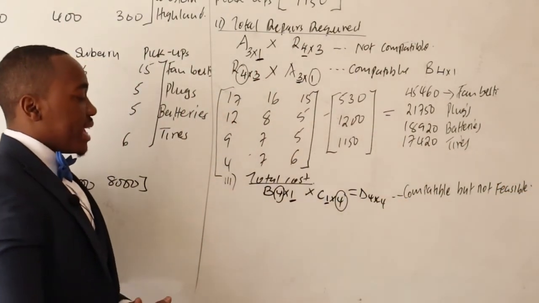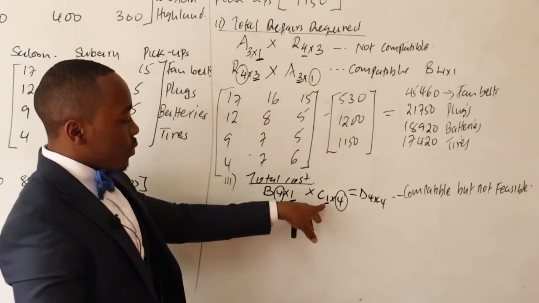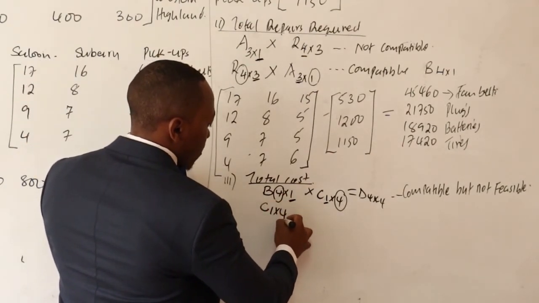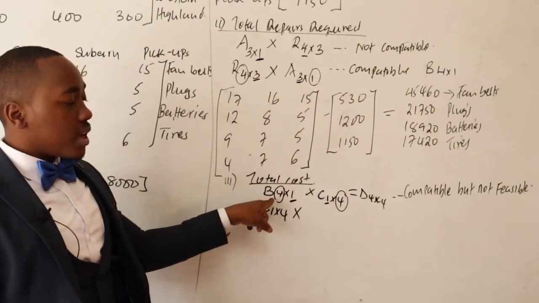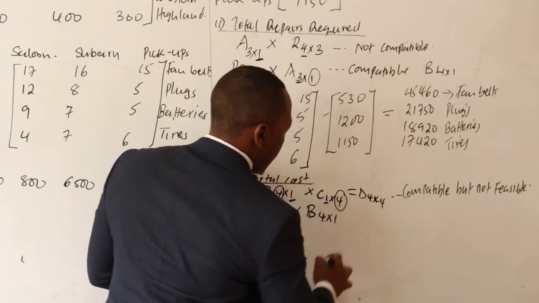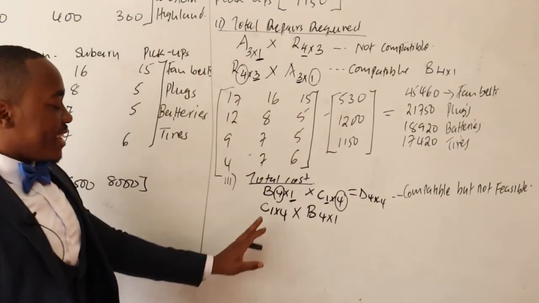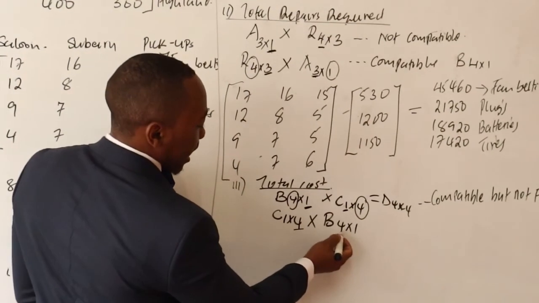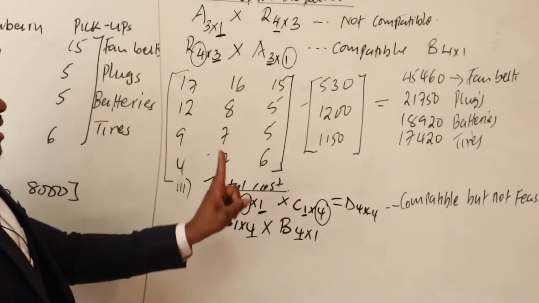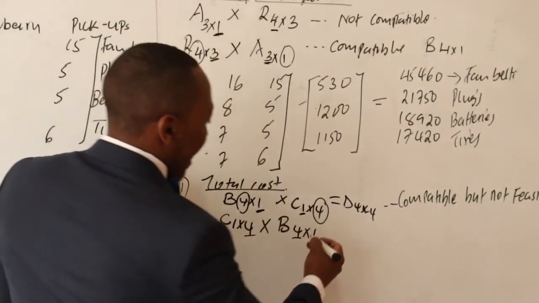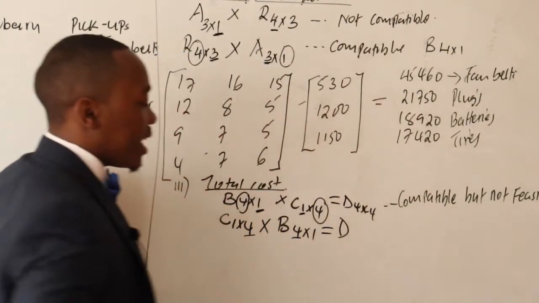Now, let's try to do something else. What if we interchange? We start with C, which is a 1 by 4, times B, which is a 4 by 1. Let's test for compatibility first. We have 4 and 4, so our matrices are compatible. Then let's predict our product.